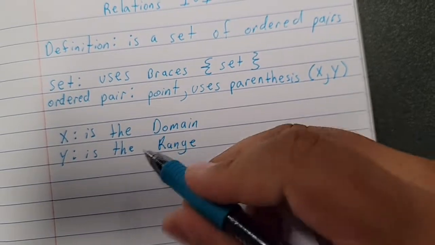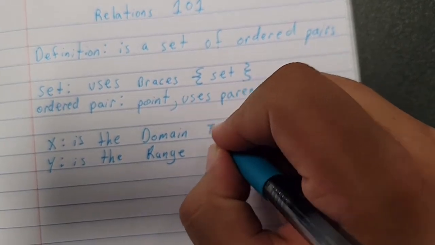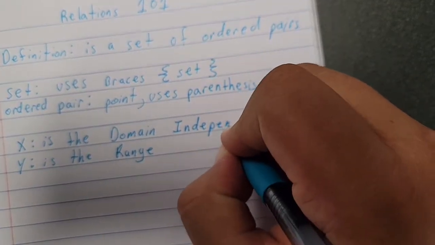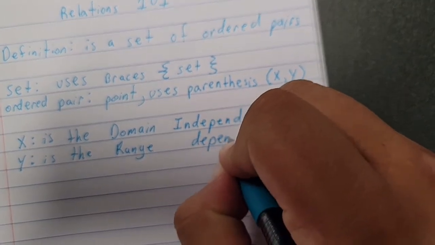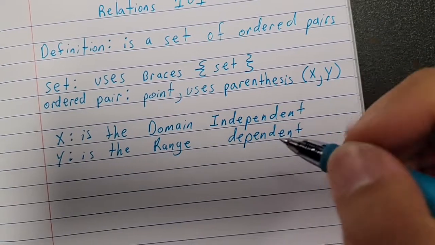All right, X is domain and the Y is range. Another thing we're going to say is that this is independent, and then this is dependent, and we'll get into more later for that. Independent and dependent.